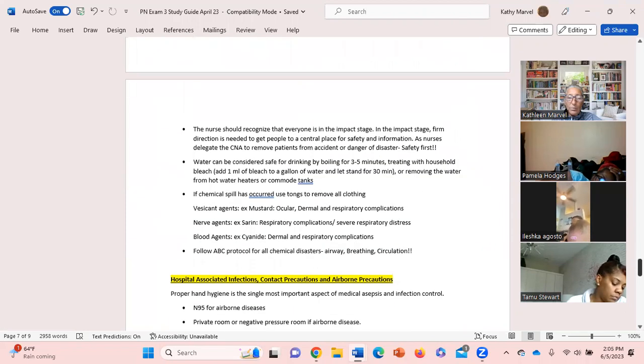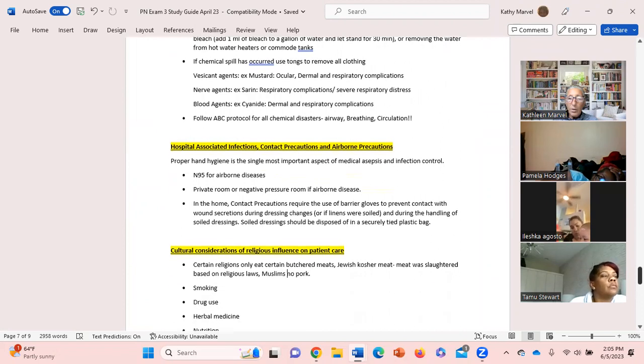Have a look at this section. There's another section on hospital-associated infections, contact precautions, and airborne precautions. There'll be questions about this topic on your exam. And it talks about proper hand hygiene being the single most important aspect of medical asepsis and infection control.